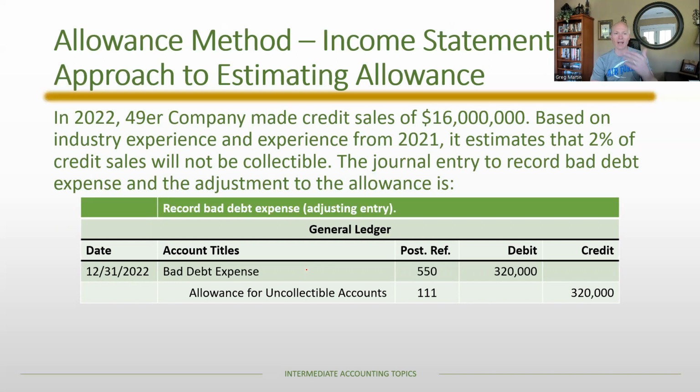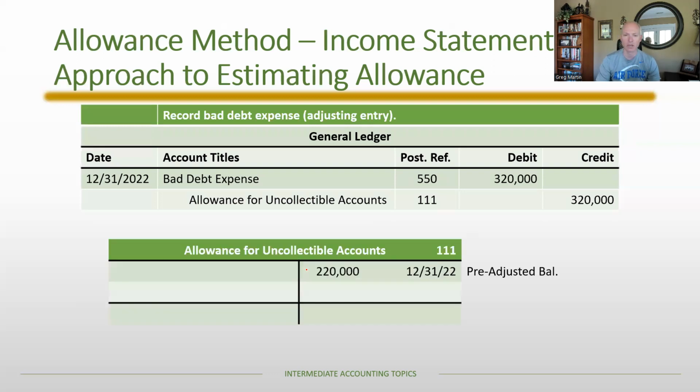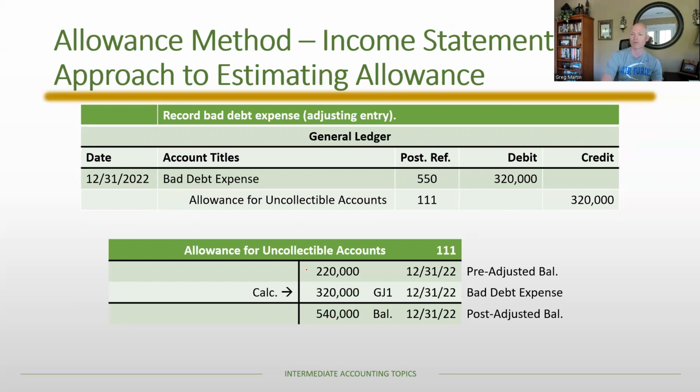Again, it's more of a direct estimate rather than using that balance sheet aging table and all that kind of stuff. We would take that journal entry, and then in our T account, our allowance account, we add the 320, and now we're up to 540. For me, this would seem pretty out of whack. But remember before, what if we had the 100,000 sitting over here as a debit? If we had a 100,000 debit and then a $320,000 credit, we'd end up at 220, which wouldn't have been too far off.